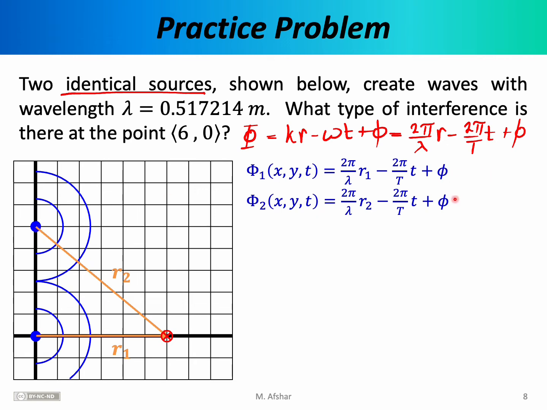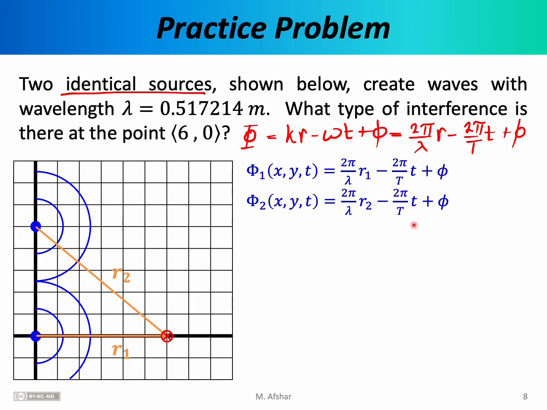So we can say that they have the same phase constants, the same periods, and the same wavelengths. What's different is R1 and R2. Incidentally, I've chosen to write the phase constant in this form because the problem gives me the wavelength, so I'm trying to express everything in terms of known parameters.